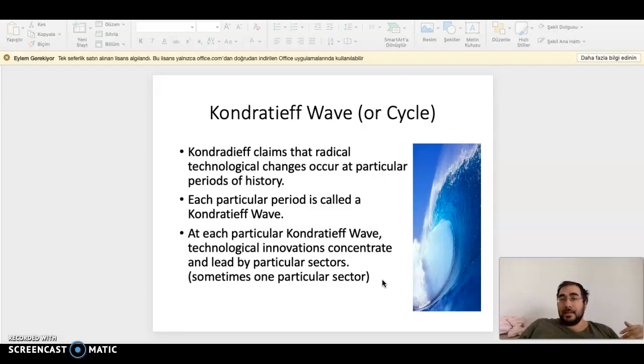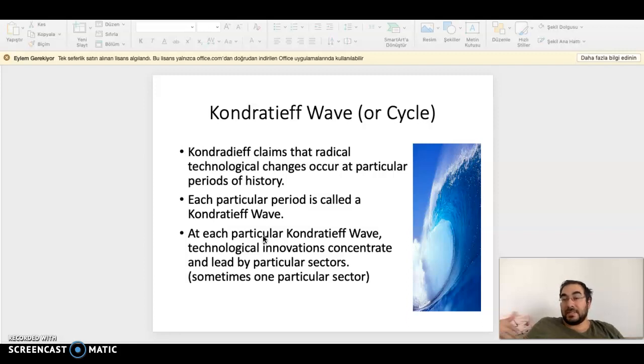These periods that bring the radical innovations and then take them away are called a Kondratiev wave or a Kondratiev cycle.